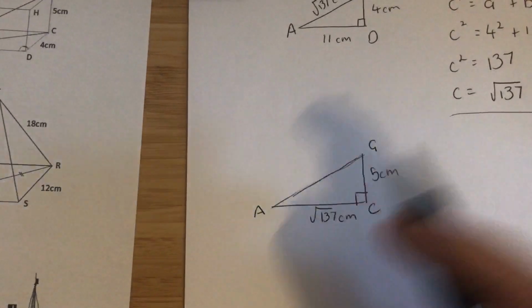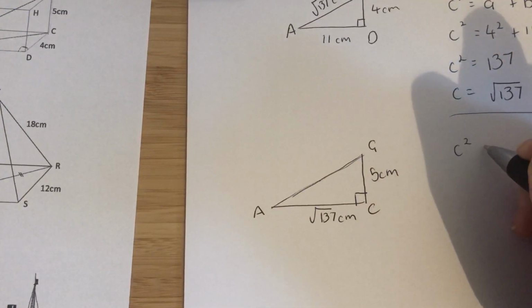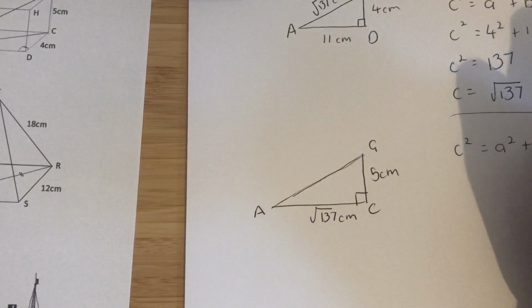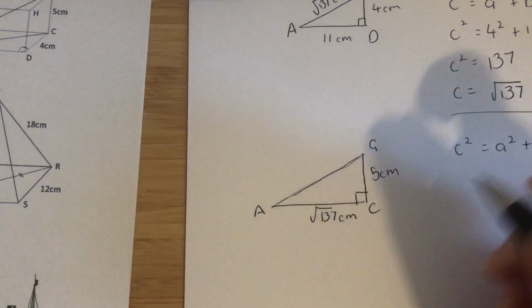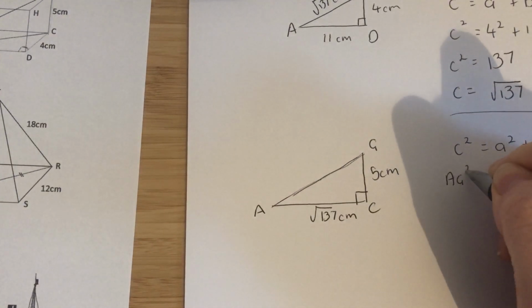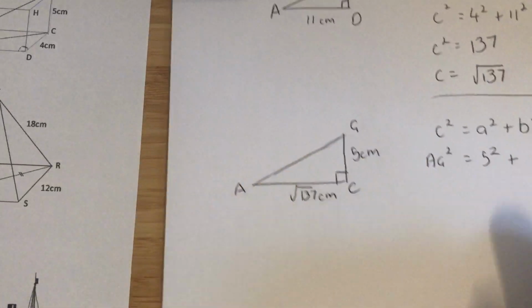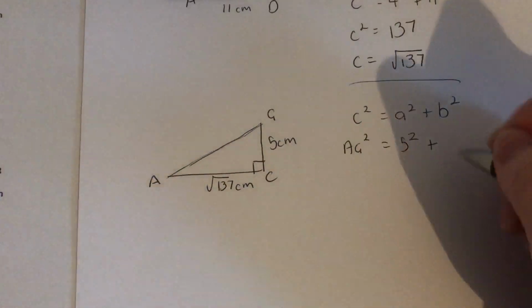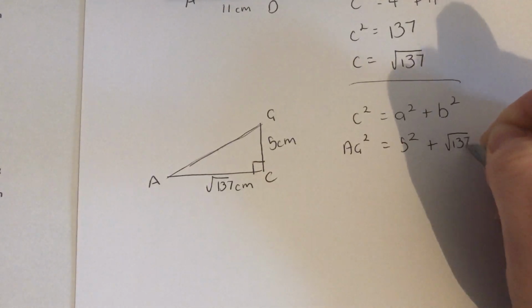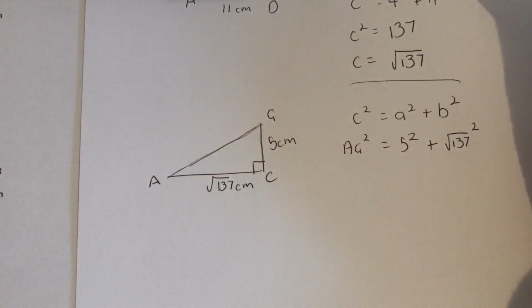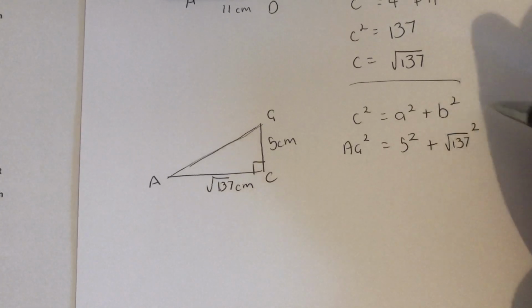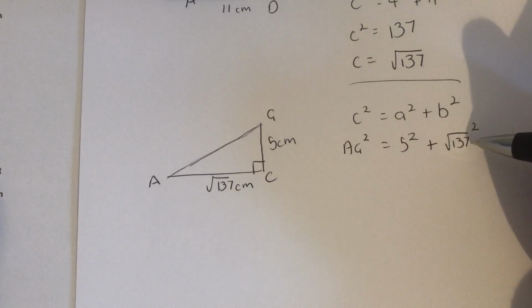Once again we're looking for the hypotenuse. C squared equals A squared plus B squared. I'll put in that that's AG squared, because that's the one we're looking for, equals 5 squared plus the square root of 137 squared. This is why I've left it as a square root: it keeps it nice and accurate, because the square root of 137 squared just gives us 137.